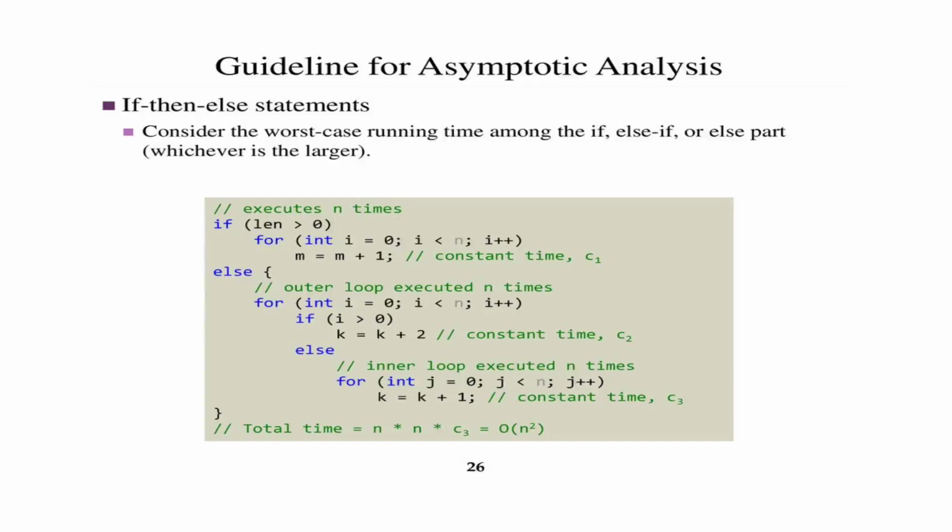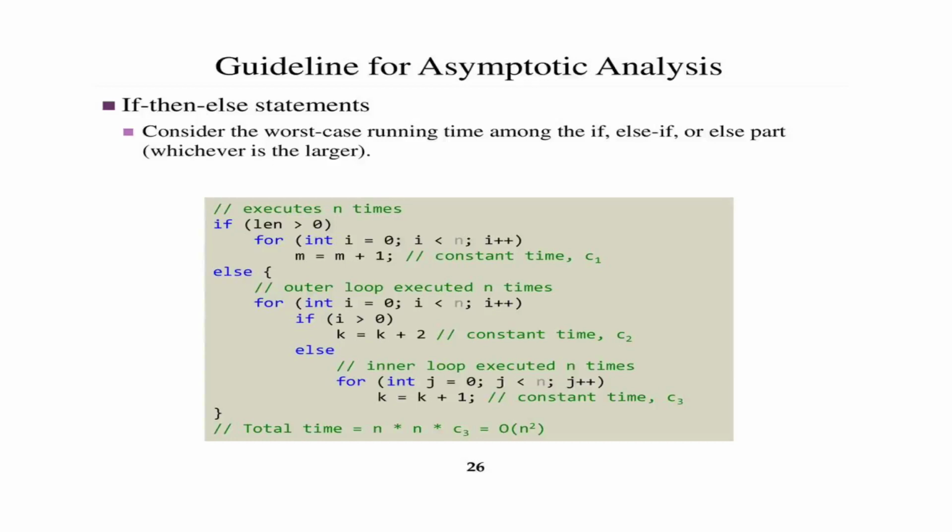Then m equals m plus 1, with constant time c1. Else, for i equals 0, i less than n, i plus plus, if i greater than 0, k equals k plus 2. So here we get a second constant time c2. And the inner loop is for int j equals 0, j less than n, j plus plus. So the third constant time is c3.